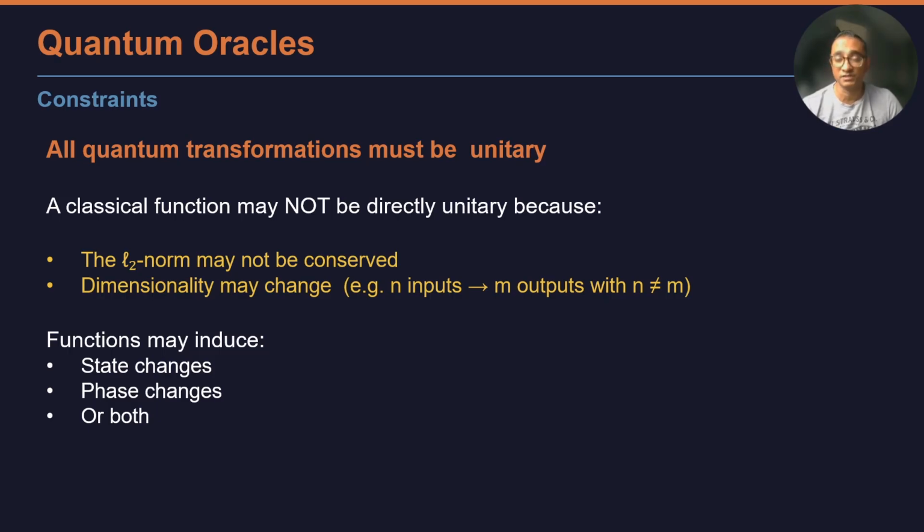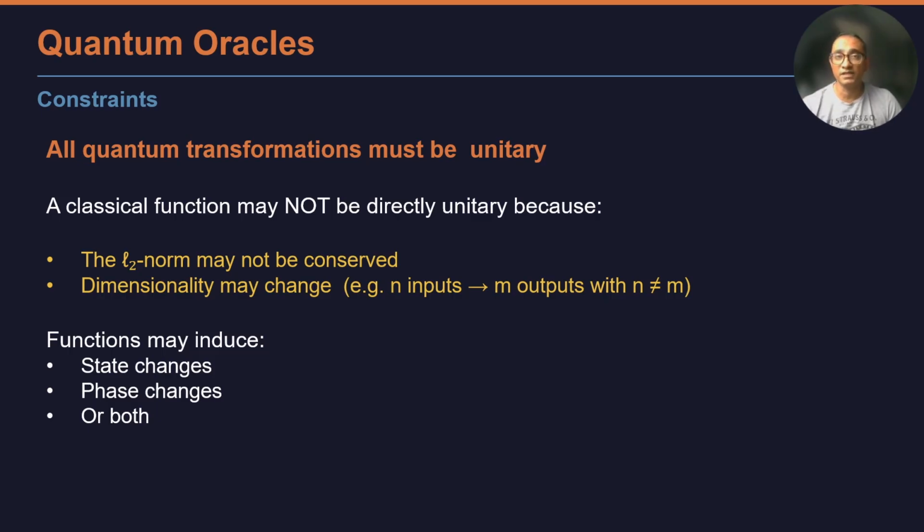For example, we have seen in the previous versions a Boolean function having two inputs getting converted to a 1-bit output. There you may have the case where a classical function may not be directly unitary because the L2 norms will not be conserved, 2 to 1 for example, and the dimensionality will change from input to output, as in the case of the Boolean function where the number of inputs is 2 but the output is 1.